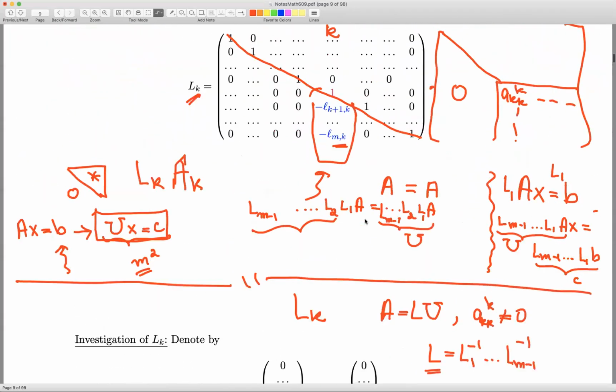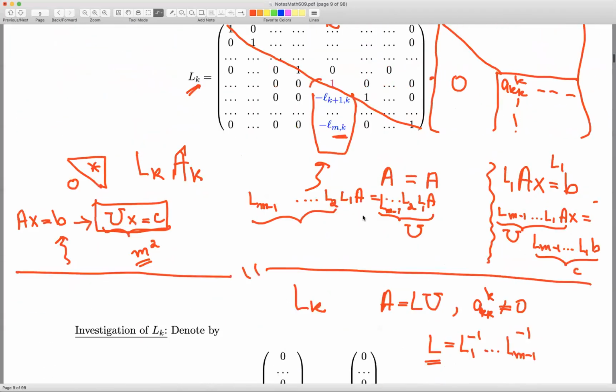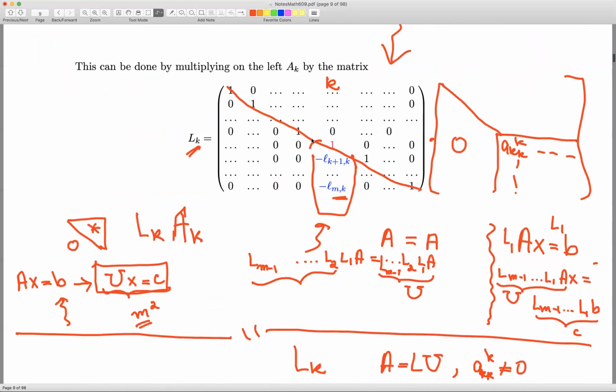If we look at the matrix Lk here, we see that it consists of the identity matrix, and it has this part below the main diagonal on the kth column. So I can rewrite this matrix Lk as a difference of two matrices. The first matrix will be the identity matrix, which takes care of all the diagonal elements, and then minus because of these minuses right here.